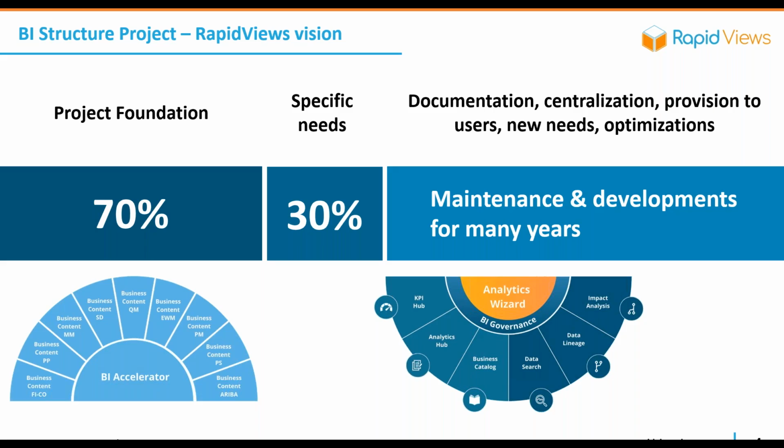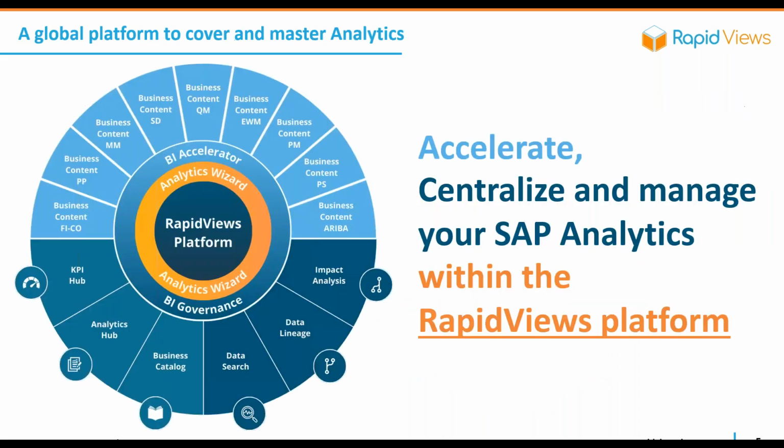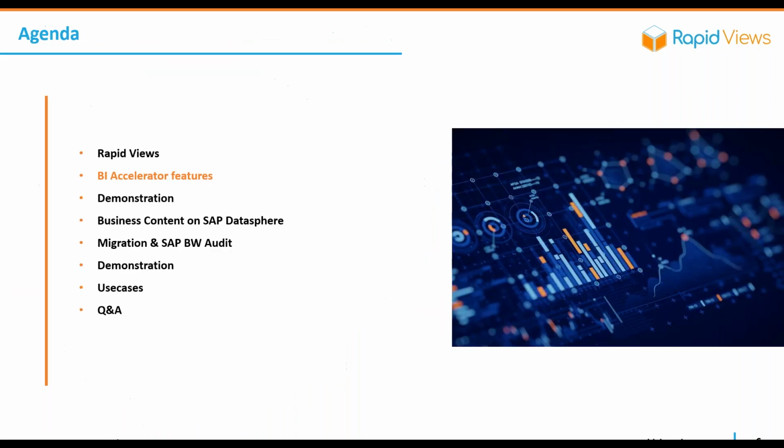We call it the RapidViews platform, where we have a lot of different kinds of features to centralize and to accelerate the deployment of your solution. Okay, so we accelerate analytics deployment through our business content, and we centralize and manage all your SAP analytics through the overall RapidViews platform.